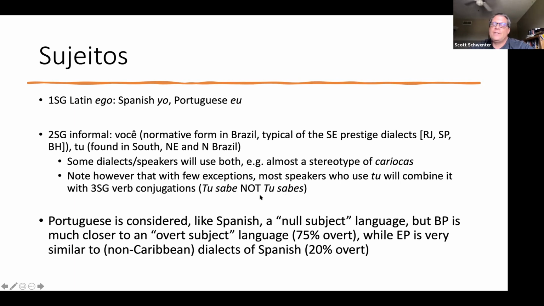But people don't tend to say that. They tend to just say tú sabe, right? So it sounds like Caribbean Spanish speakers, but Brazilians don't aspirate that S at the end of sabes, right? They just say tú sabe.